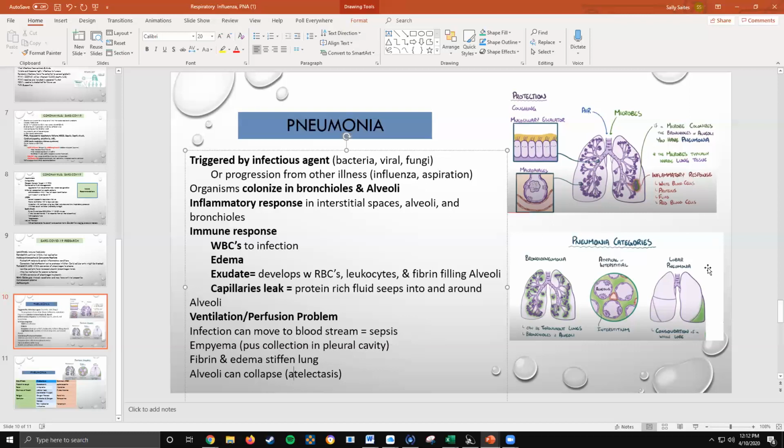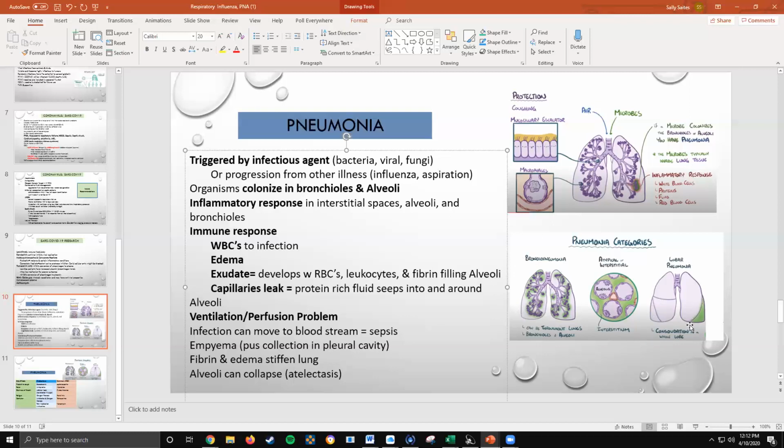Okay. There's some different pneumonia categories. I just wanted to show you that just for visual. There's the bronchopneumonia, which really takes over all of the lungs. So everything, because you can have pneumonia in the top, you can have it in the bottom, it just depends.